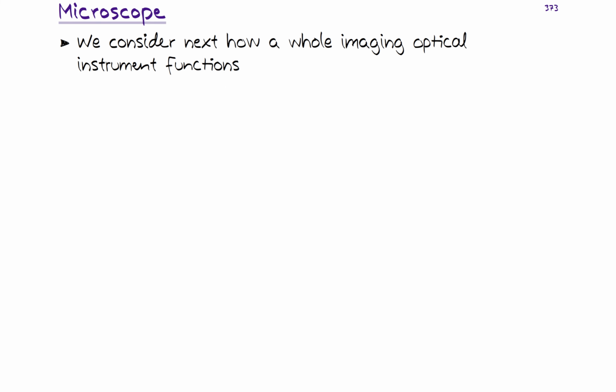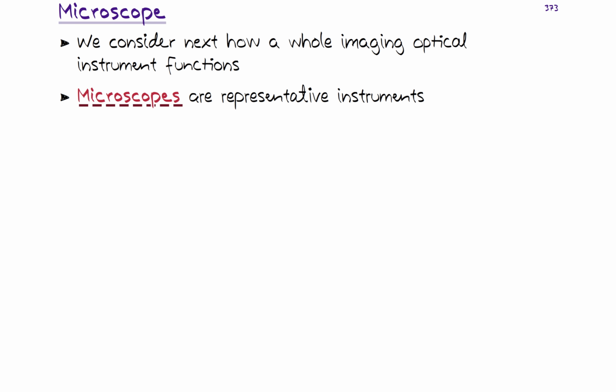So let's start with a general motivation on microscopes. At the same time, when we are looking at it, we also learn better how a more complicated optical imaging instrument functions. A microscope is a very good representative optical instrument where the main function is to image small things.